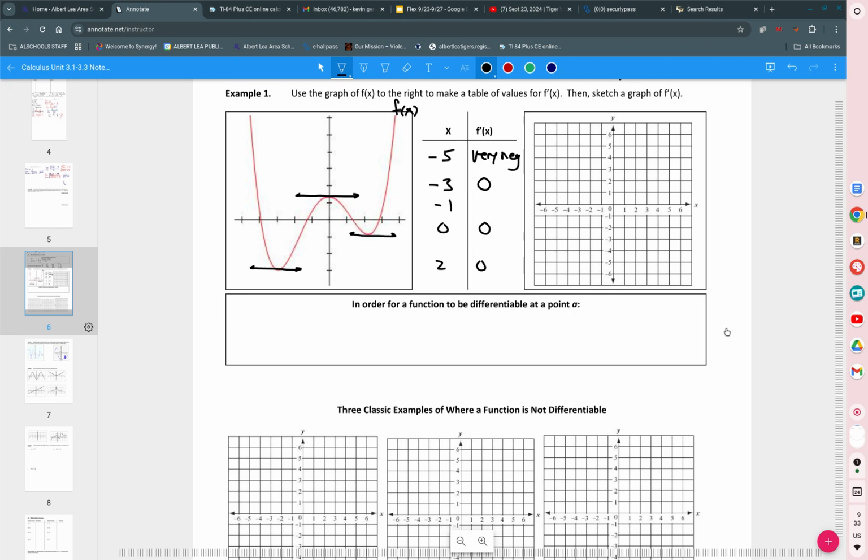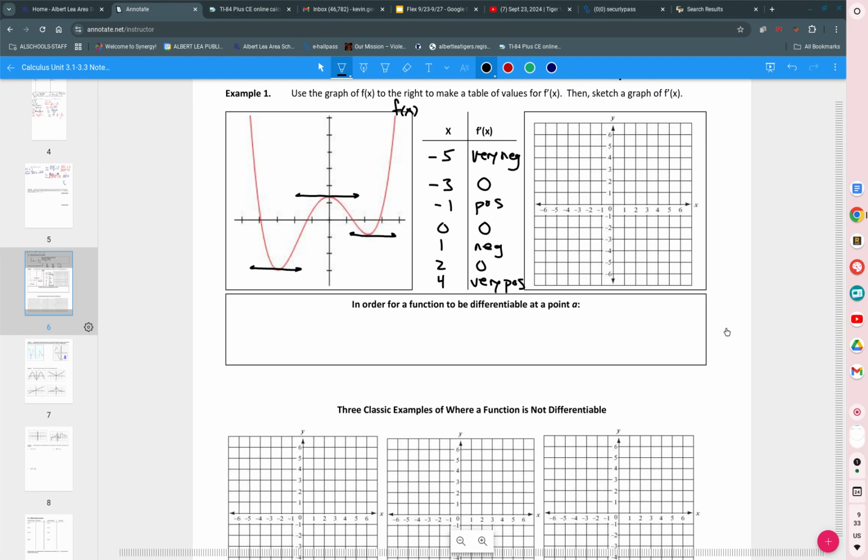Positive. Mid-positive. How about the derivative at 1? And how about the derivative at, say, 4? Very positive. Oh, wow, look at that. Everybody okay with this?